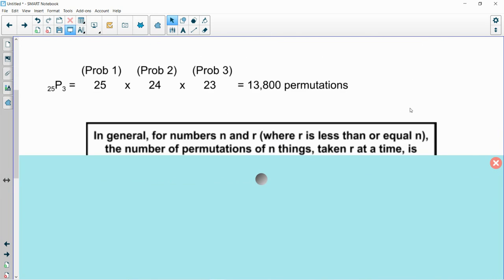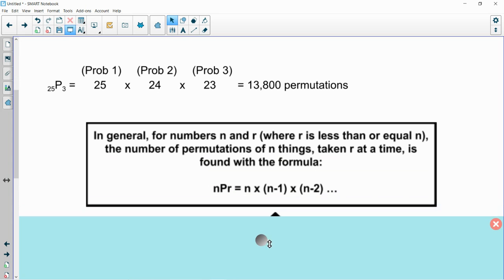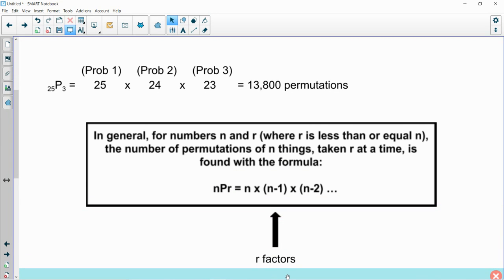Crazy, crazy, crazy. All right, with that said, for you formula people, here it is. So here's our adjustment. This is when we are selecting a number of objects less than the total that we have. So what we wind up with here is that the number on the left of P and the number on the right of P are different.